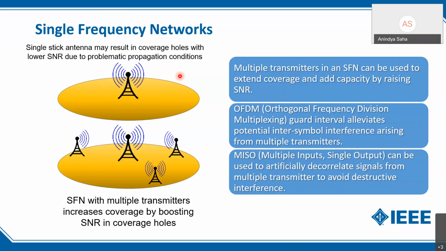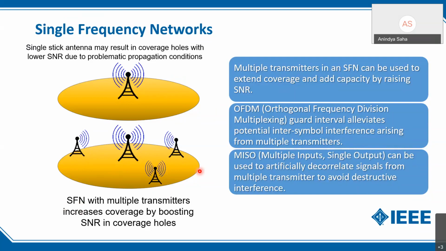Now, if a broadcaster wants to provide very uniform coverage or wants to extend the coverage, what should he do? One of the ways he can do it is what we call SFN, or single frequency network. In that configuration, he will install multiple of these transmitters and make sure that they are radiating the same content and they are time synchronized.